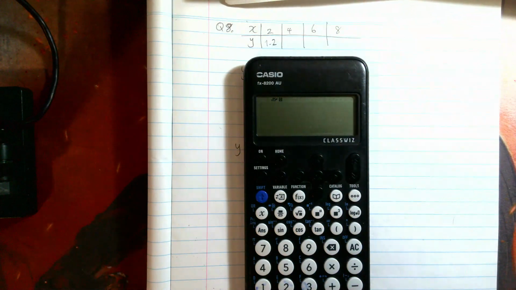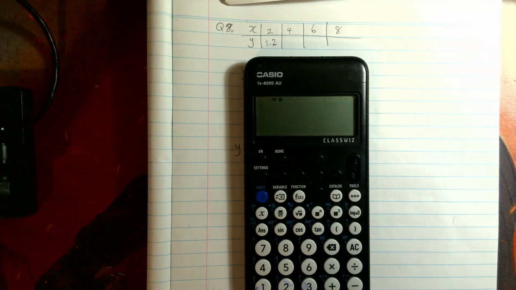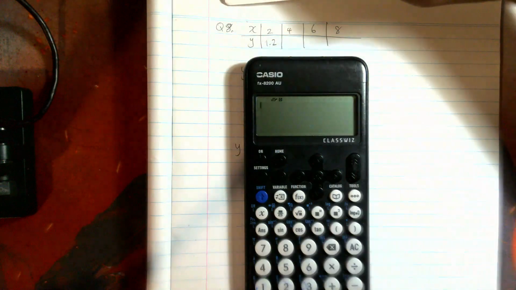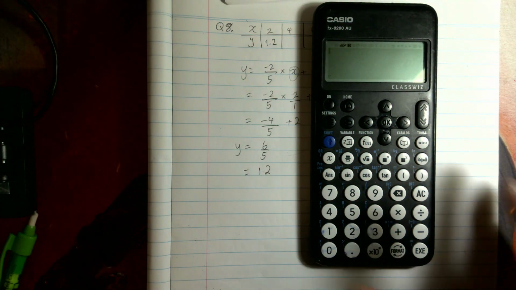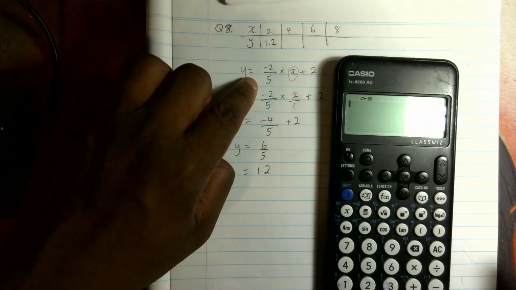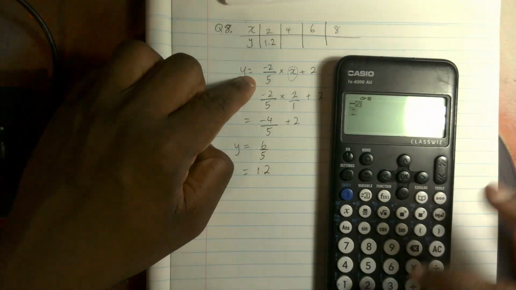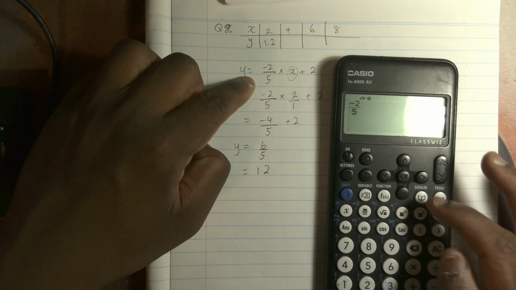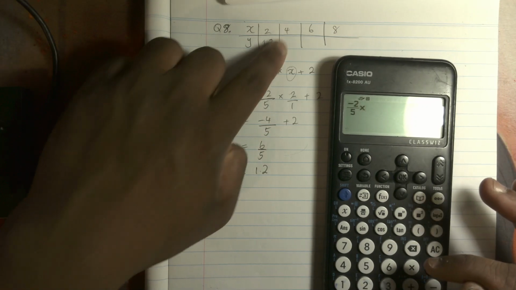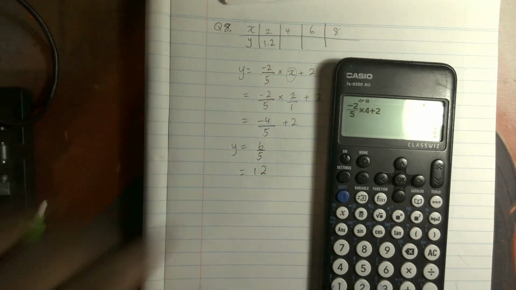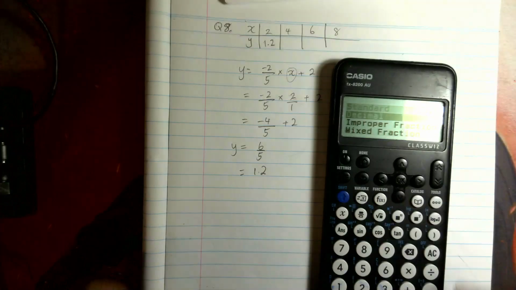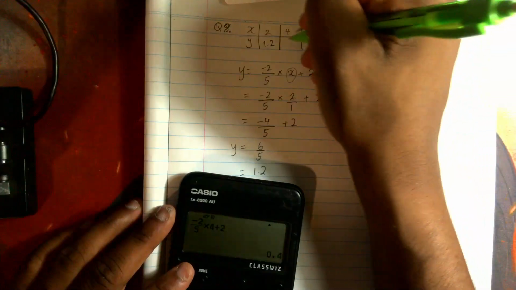So if we put our equation straight in, we've got -2/5 multiplied by 4, and we're going to add 2 to that. That gives us 2/5, which as a decimal is 0.4.